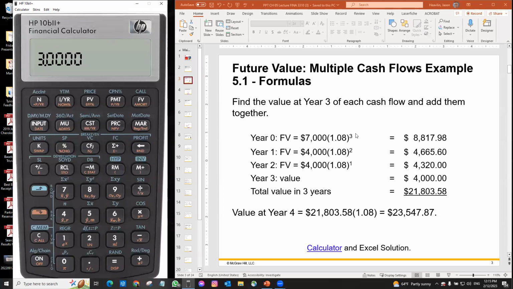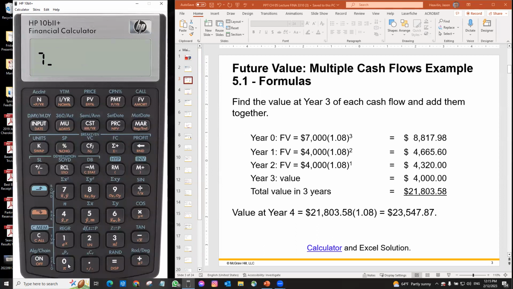The interest is 8% and is compounded annually in this example. So 8% and the interest button. Present value is going to be the $7,000 this year 0 because you do have $7,000 in the account right now. So that's your present value.